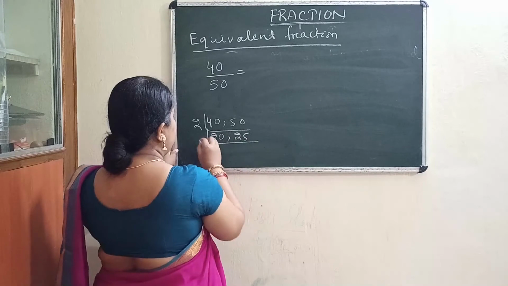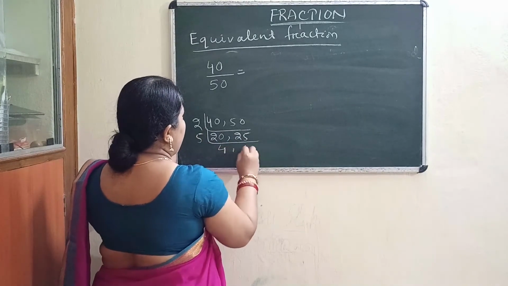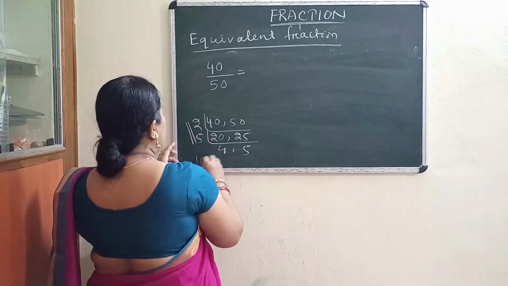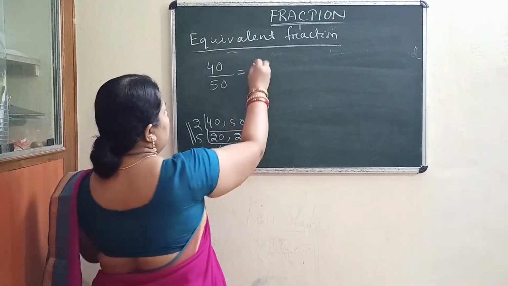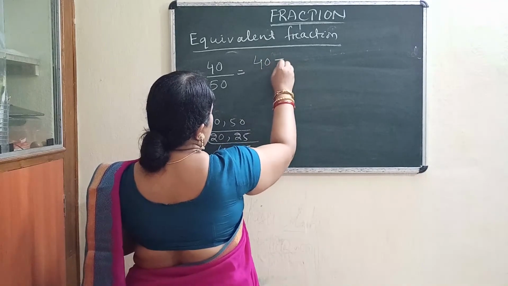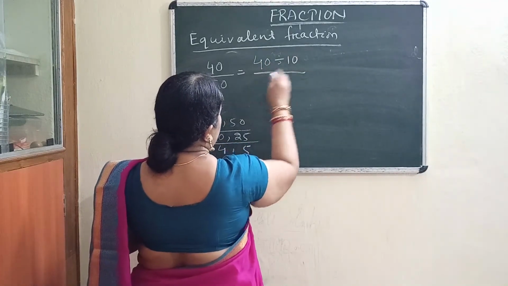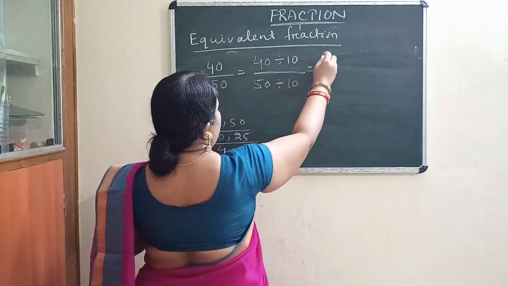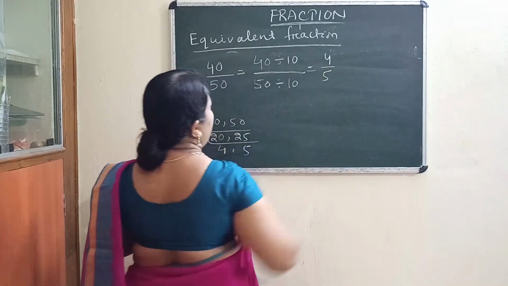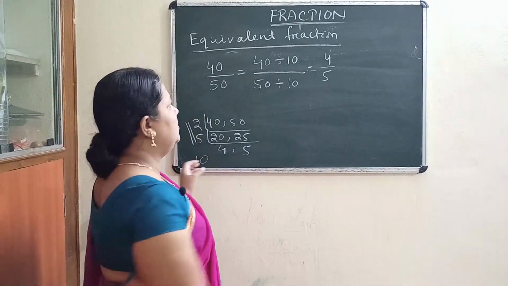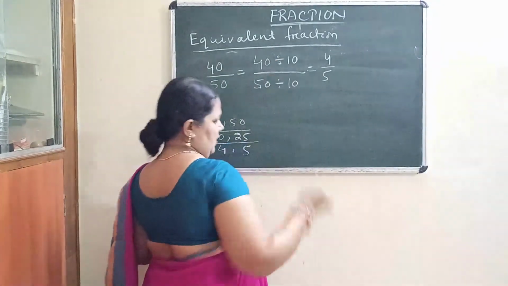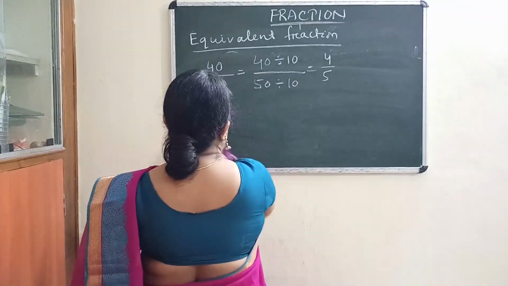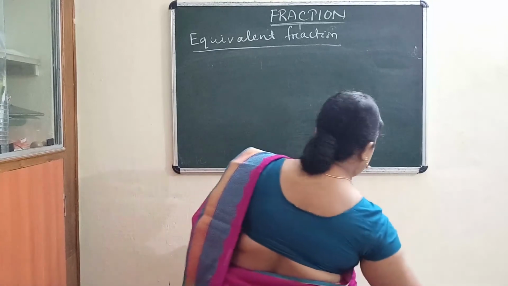If you are selecting 5, 5 4s are 20, 5 5s are 25. Now there is no common factor, so HCF is your 10. So what you will do? You have to divide by the same number. That will come 4 by 5. Okay. So like this, you have to find out the equivalent fraction.